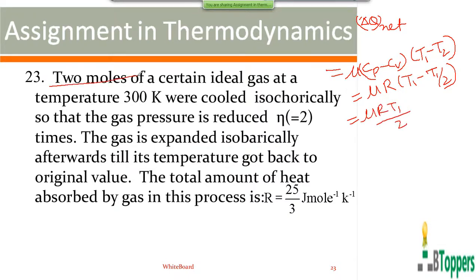Nu is the number of moles of the gas, which is given to be 2 moles. R is the molar gas constant, which is given to be 25 by 3 joule per mole per Kelvin. T1 is the initial temperature of the gas, which is equal to 300 Kelvin. So you can try to simplify this.